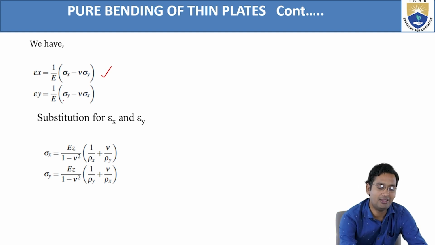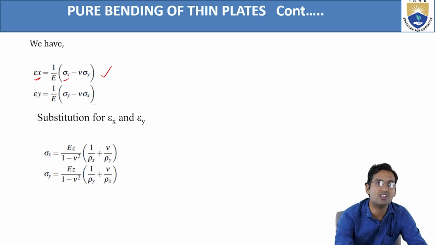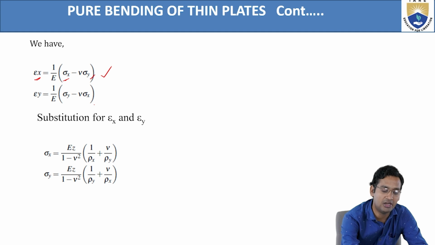Again, epsilon y, the strain in the y direction, is 1 by E into sigma y minus mu sigma x. One common thing here: if we are taking strain along the x-axis, sigma x is positive and the other is negative. For strain along the y-axis, sigma y is positive and sigma x is negative.